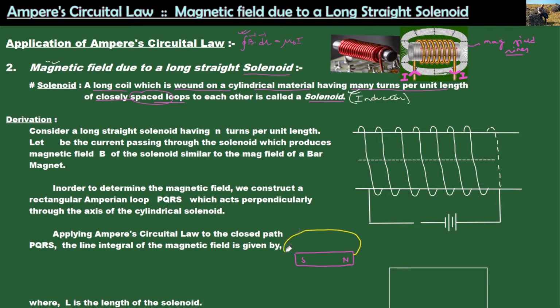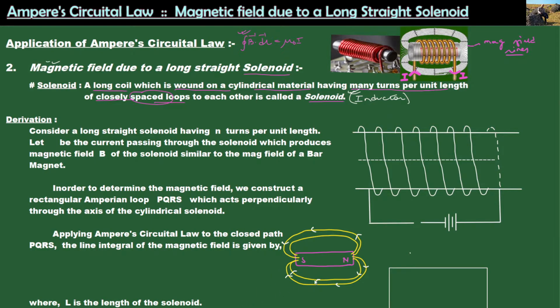There will be many field lines generated by this bar magnet, and you will find that outside the magnet the direction of the field lines is emanating from the north pole and going to the south pole.